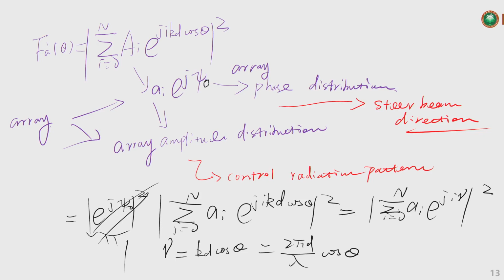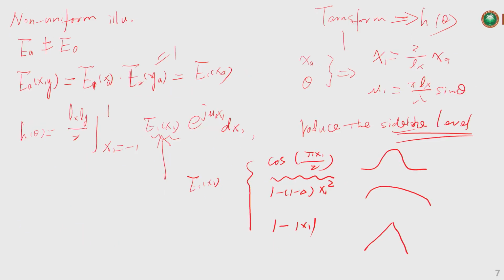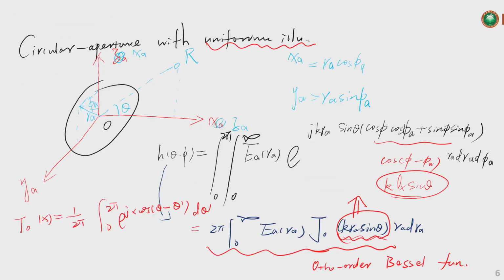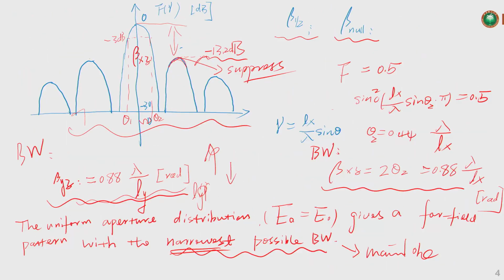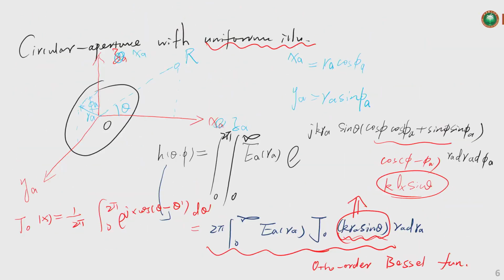When we simplify it to this form, it is more convenient for us to obtain the pattern, related to the previous uniform electric field, and a little bit more convenient for us to plot the pattern.